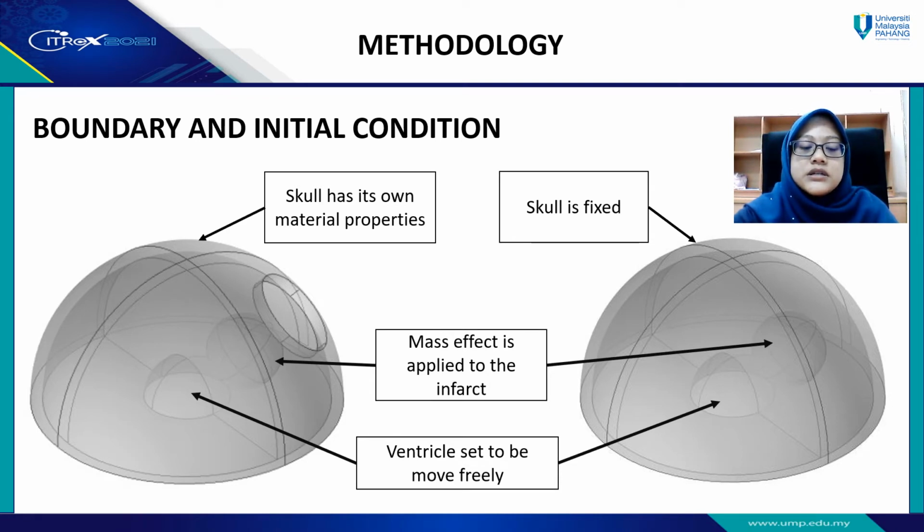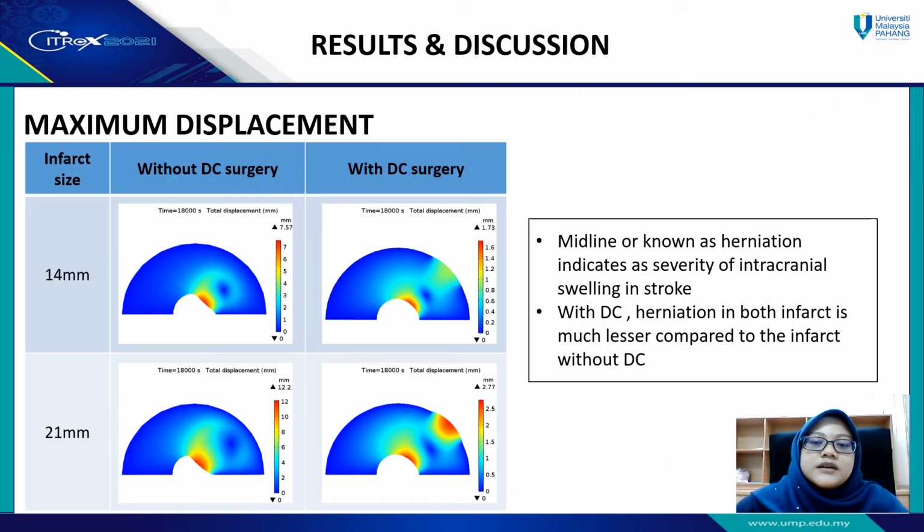For the initial condition, the fixed interstitial pressure is set at the baseline of intracranial pressure, which is 0. Midline shift, also known as herniation, indicates the severity of intracranial swelling in stroke.